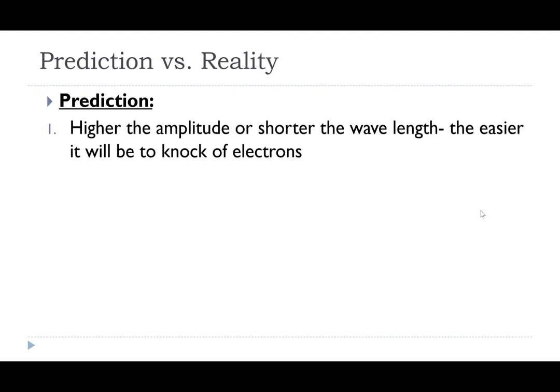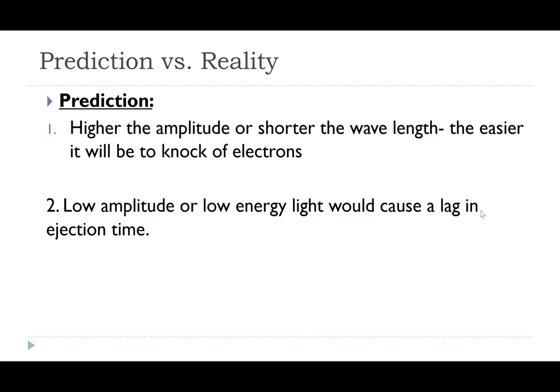If light behaves like a wave, the higher the amplitude, the shorter the wavelength, the easier it will be to knock off electrons. So let's think about this with something that we can picture. What does a higher amplitude tell me? Well, higher amplitude is a more intense light, a brighter light, right? So if I shine a really bright light on that metal, boom, those electrons will knock off.